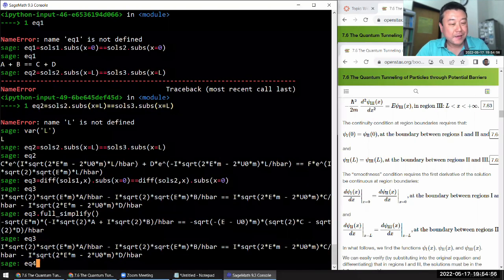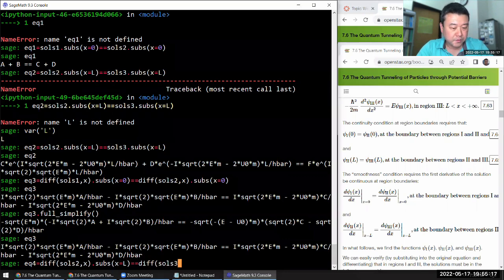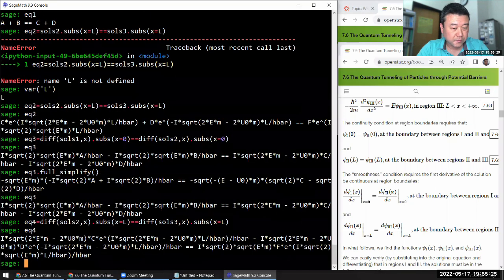Let's keep going. Equation 4 is the continuity of the derivative of the wave function on the right side of the barrier. So derivative of solution 2 with respect to x at x equals L is equal to the derivative of solution 3. Equation 4.